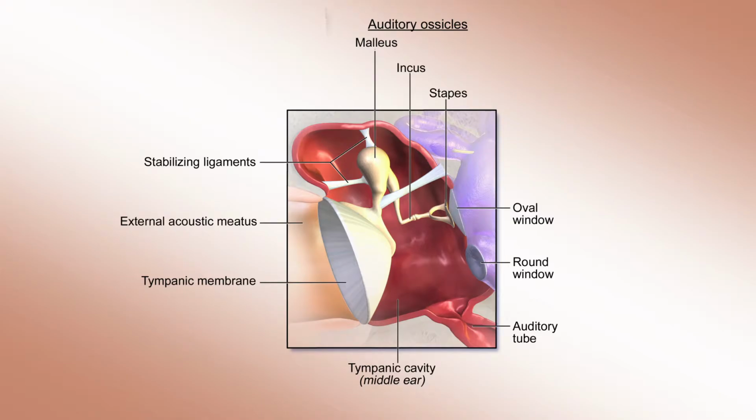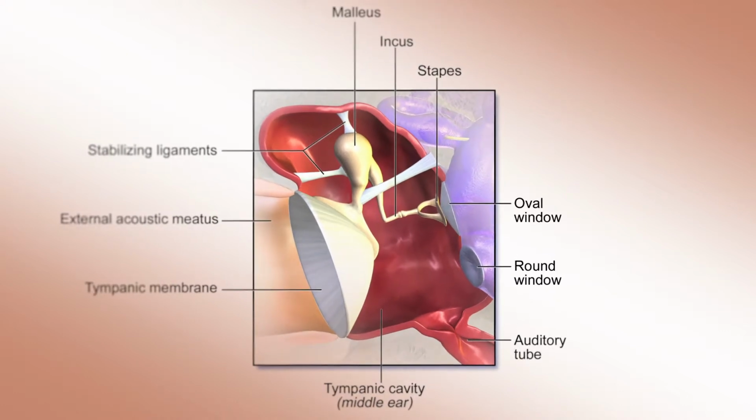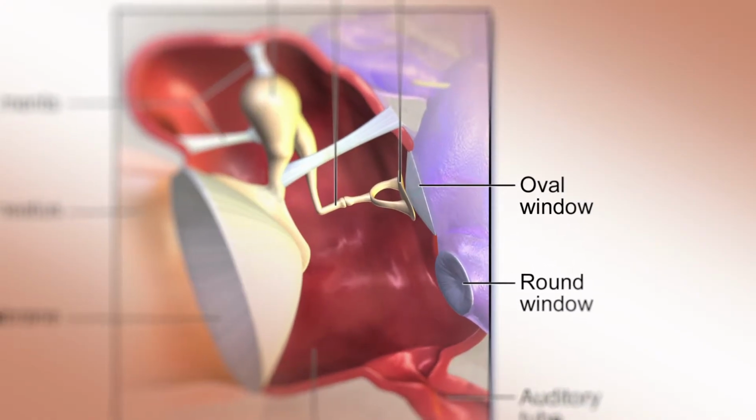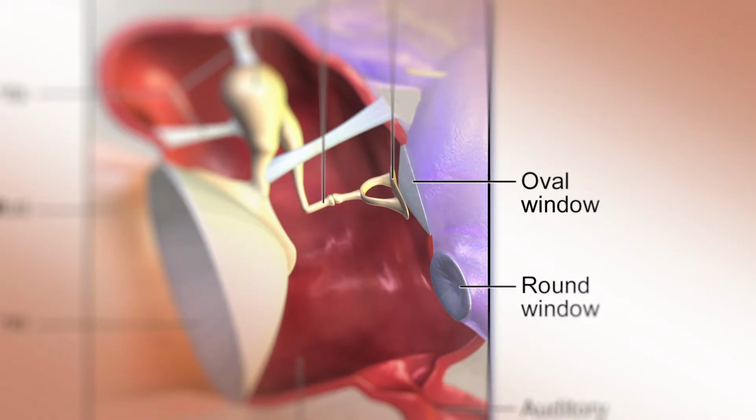To then cause fluctuations on what's called the oval window, which is much, much smaller than the tympanic membrane. And the oval window causes the fluid in the inner ear to vibrate.